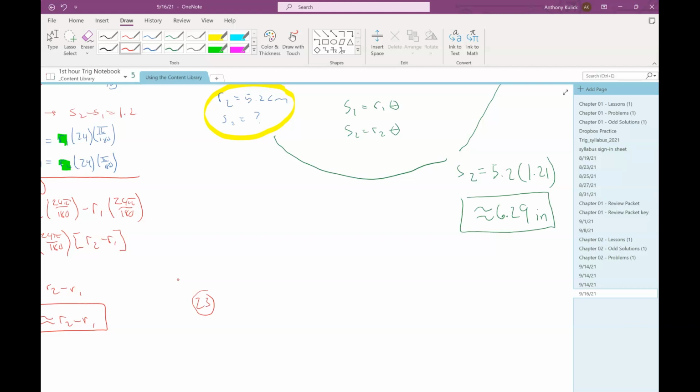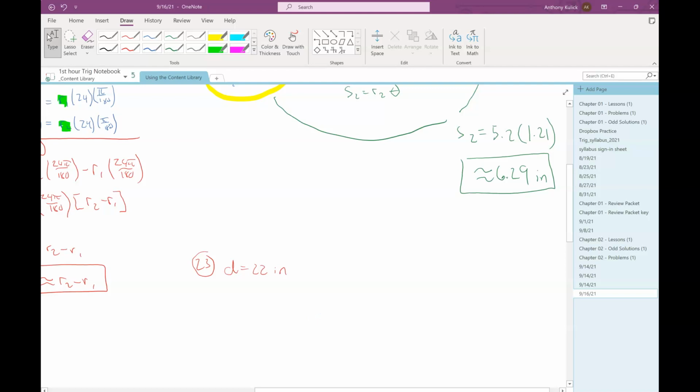So it says Danny is riding a bike that has 22-inch diameter wheels. If he can ride at 14 miles per hour, how many revolutions per minute are his tires making? So we want to convert 14 miles per hour to some revolutions per minute. Okay with that plan?